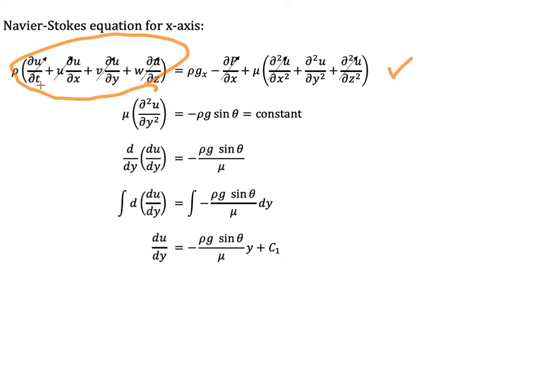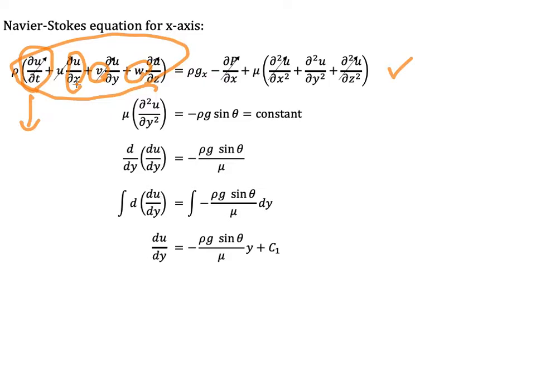For example, du over dt is equal to 0, and then we just assume that there is only x direction, so means that the velocities v and w are equal to 0, and du dx means there are no changes, there is a uniform flow along the x-axis, so du dx is equal to 0.